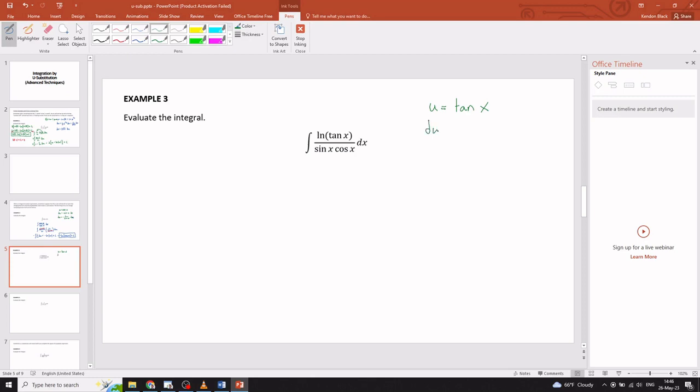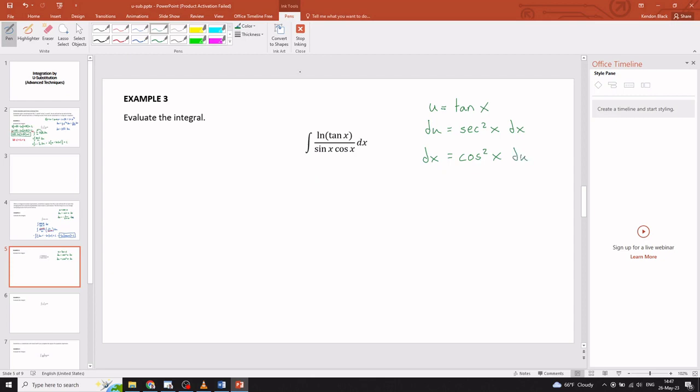That would make our du equal to secant squared x dx. And then to solve for dx, we divide both sides by secant squared. 1 over secant squared is cosine squared. Let's make our substitutions.